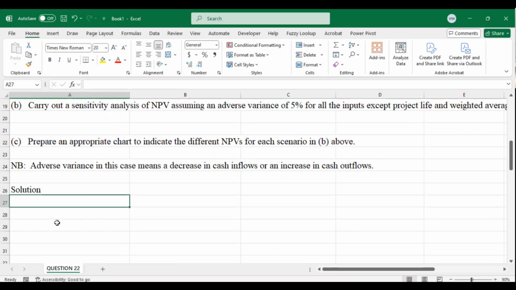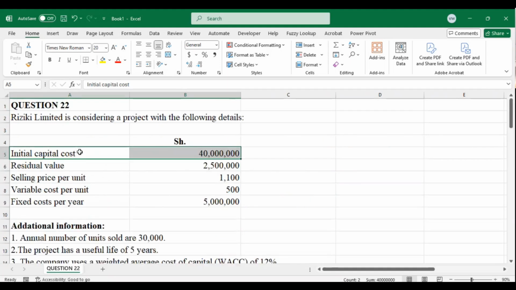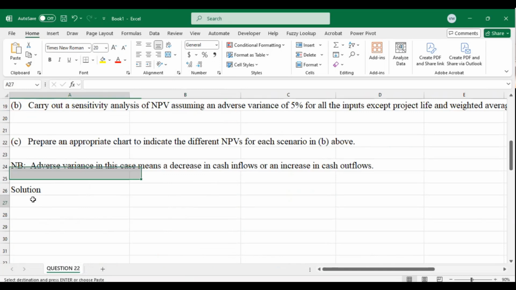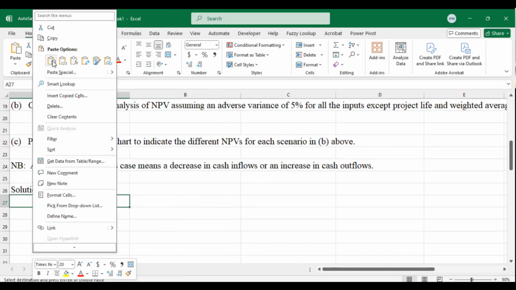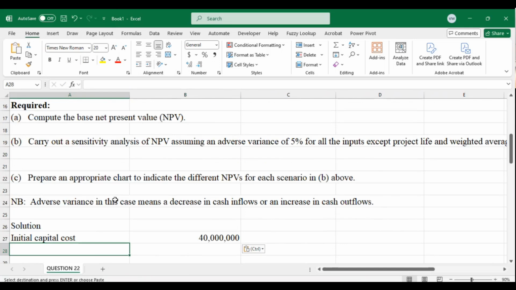The first item is the initial cost, and we know the initial capital is 40 million. So we can just copy it, there is no problem, because we are certain that these are text and numeric values. That is our initial capital.